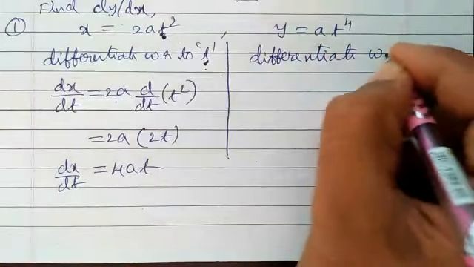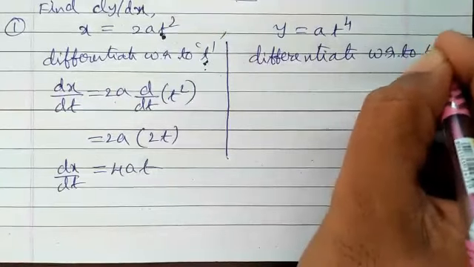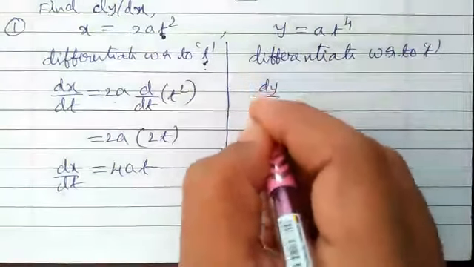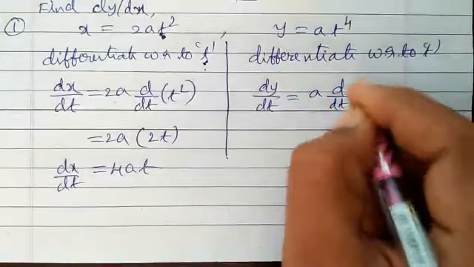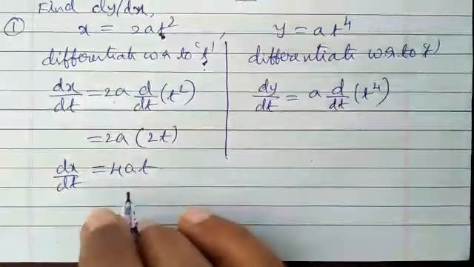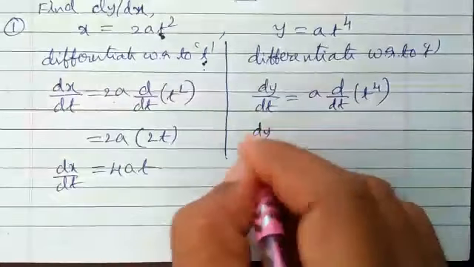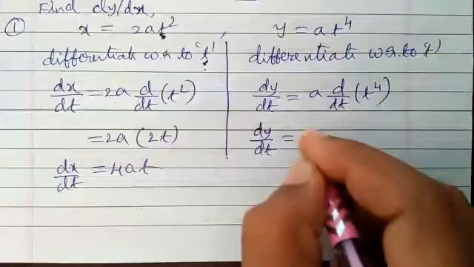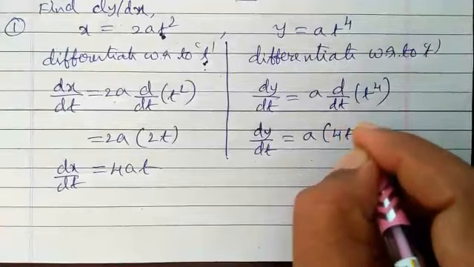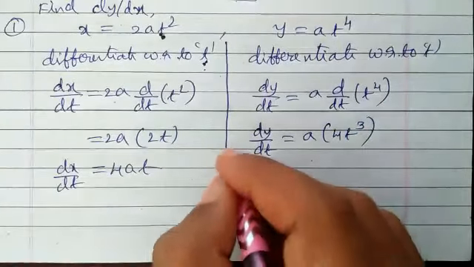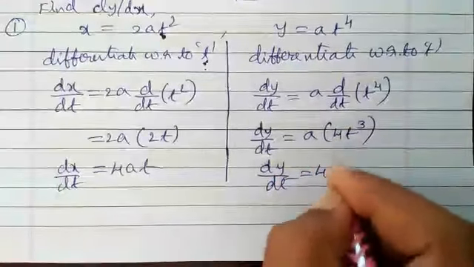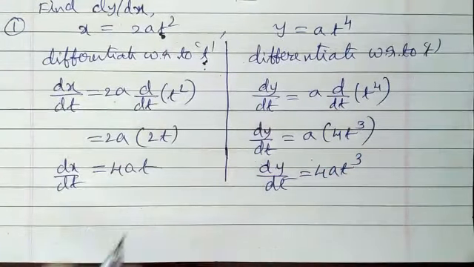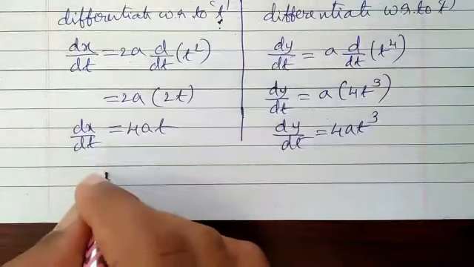Differentiate with respect to t. dy by dt is equal to a into d by dt of t to the power of 4, which is a into 4t cube. So dy by dt is equal to 4a t cube.